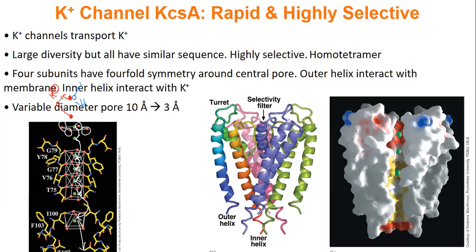When it comes near the pore opening, all of these oxygens are going to be welcoming it in. It'll be attracted to interact with these oxygens. And so the water will kind of part away a little bit, as these oxygens up here begin to interact.